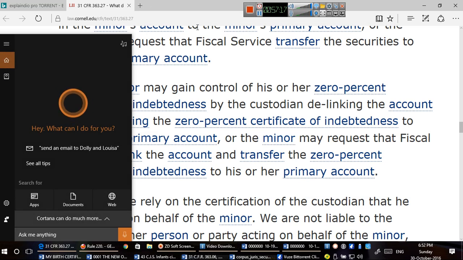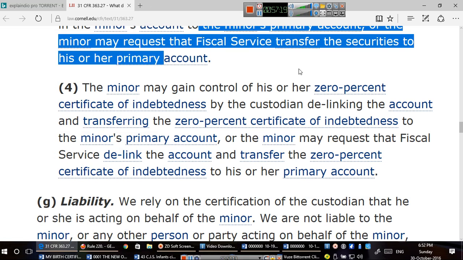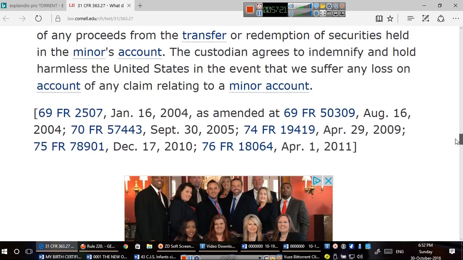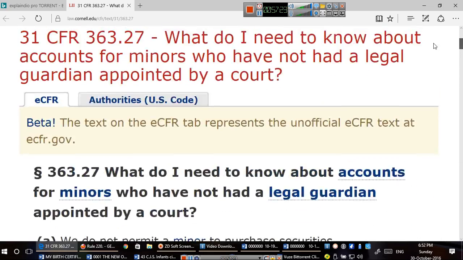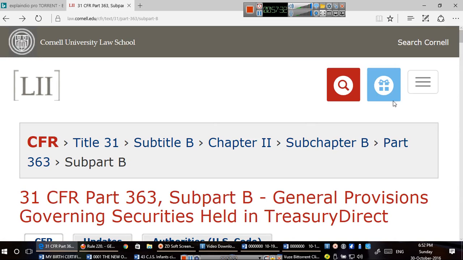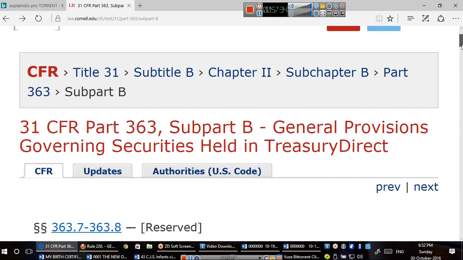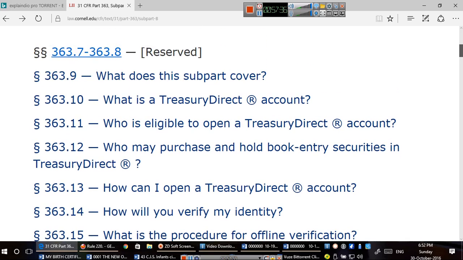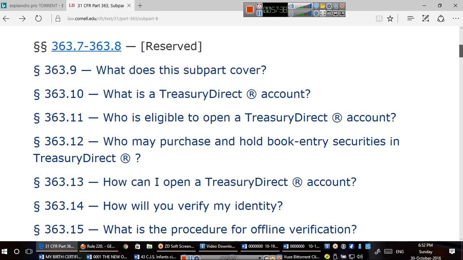I don't need to know that. Let's see. I need to know 27. This is not 27 by itself. This is 27 subsectionalized. It starts with 8. Interesting.